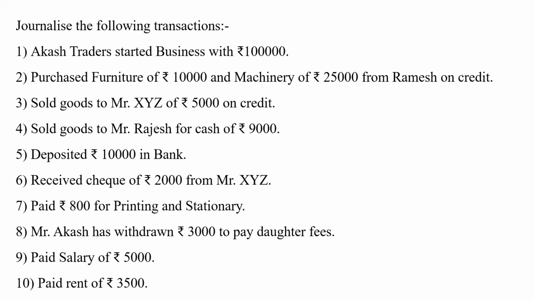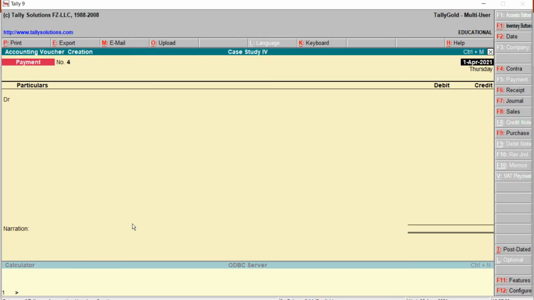Next one. Right now we have the last transaction, paid rent of rupees 3500. Again, this is in the payment voucher itself. Debit rent account has to be created.